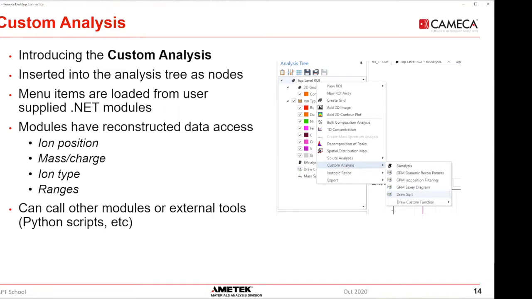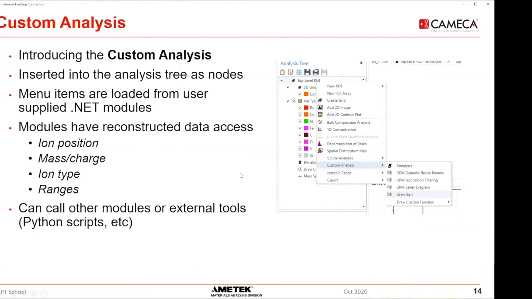The data is automatically filtered for you, but it's as wide as the APT data is. So often it'll be just your position XYZ, mass-to-charge and ion type. But if you have extra columns, you'll also get those, filtered and they'll match up with your ions.